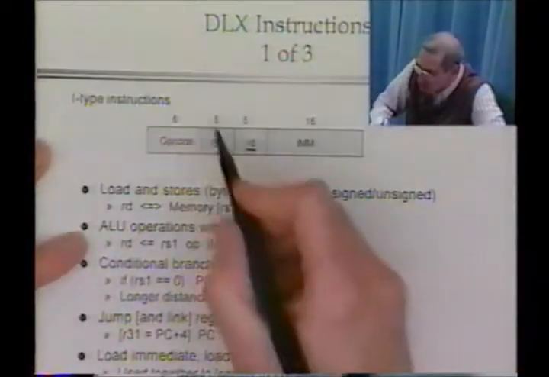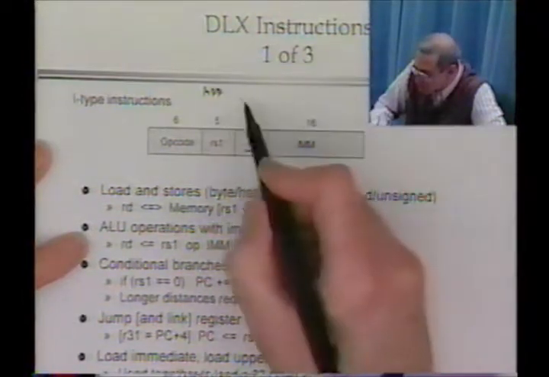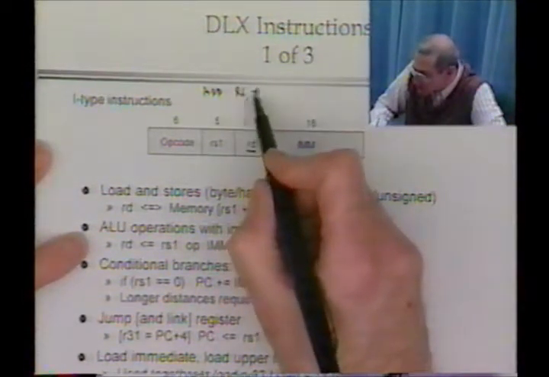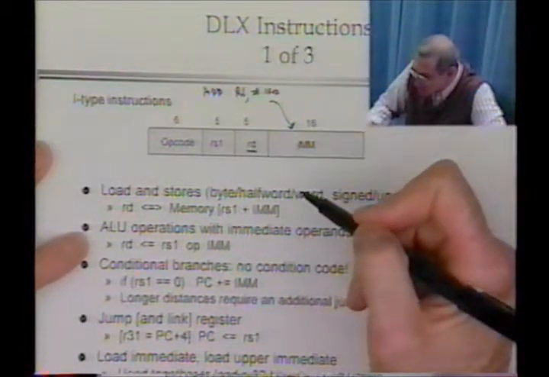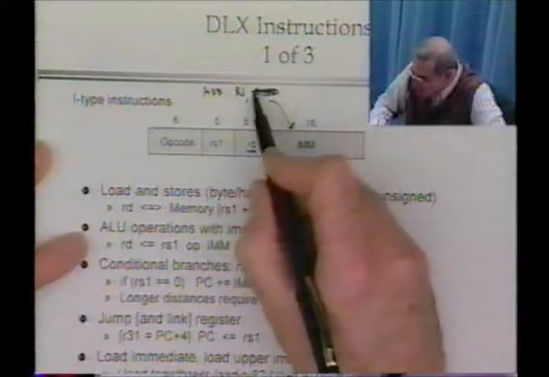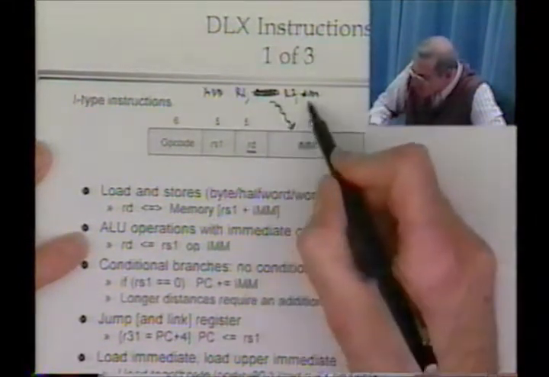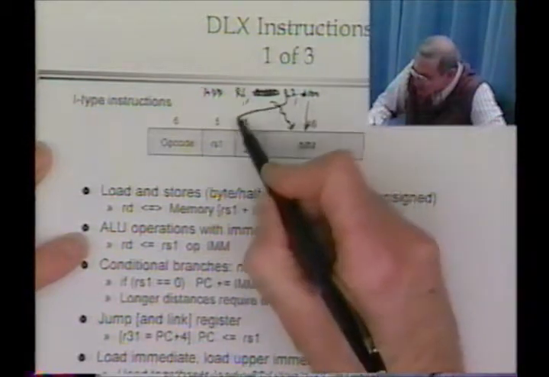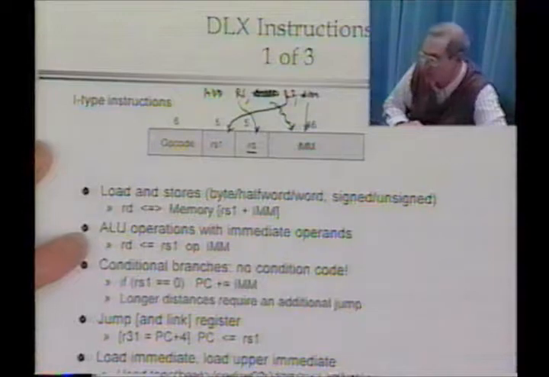If you wanted to do something like add to register 1 a constant 100, obviously the 100 goes in here. I'm sorry, I need another operand there. R2, 100. The 100 goes in the immediate field, the R2 goes into the RS1 field, and the destination register goes into the RD field.